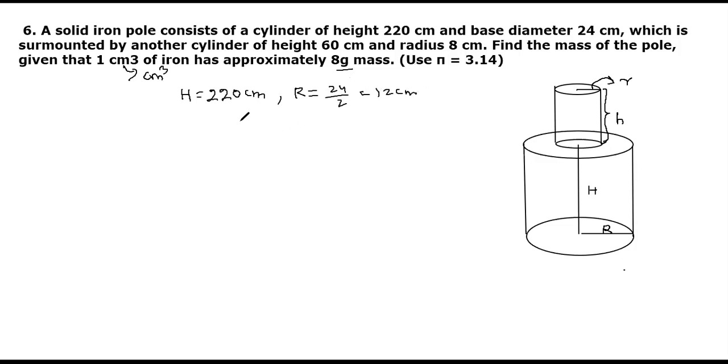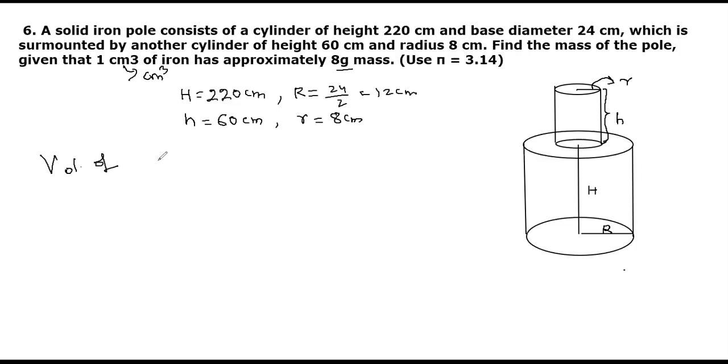And the smaller one mounted on it has height small h 60 centimeters and radius 8 centimeters. Find the mass of the pole. You have to find the volume of this solid iron pole.